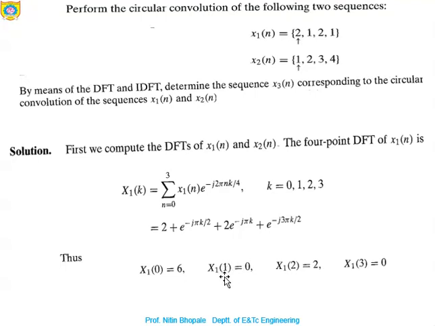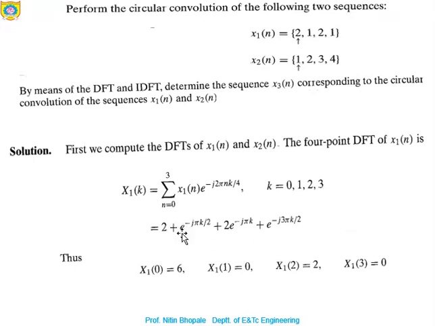Next time e raised to minus j pi by 2, because k is 1, so x1 of 1 will be calculated here. Just apply the identity, that is cos theta minus j sin theta. So here it will be cos pi by 2 minus j sin pi by 2.